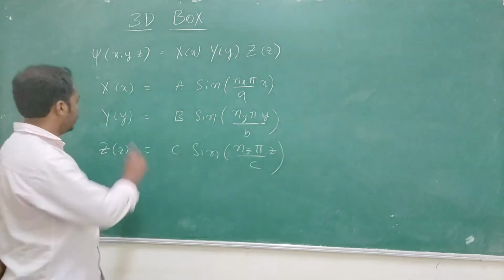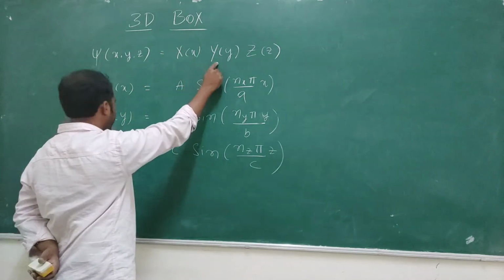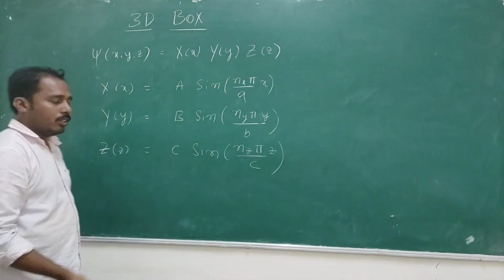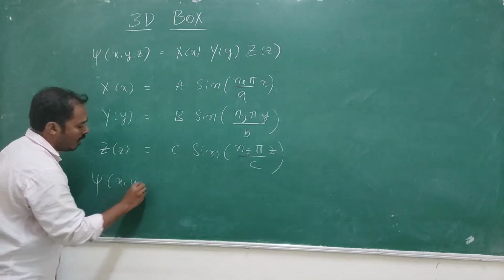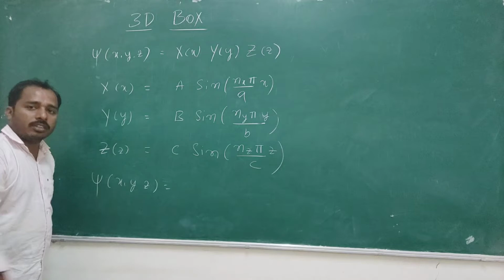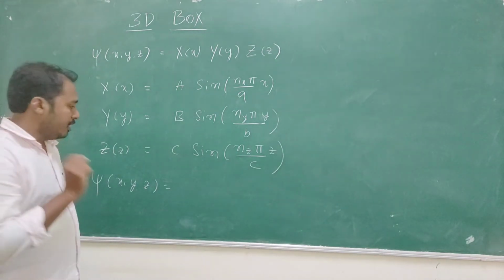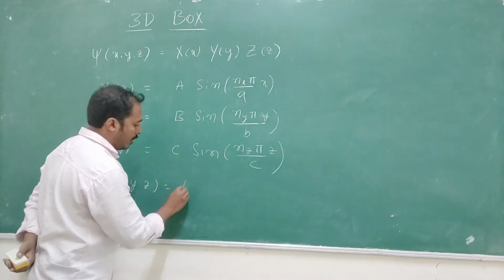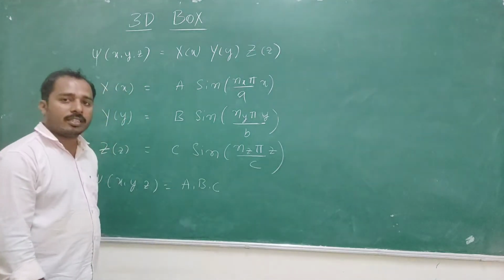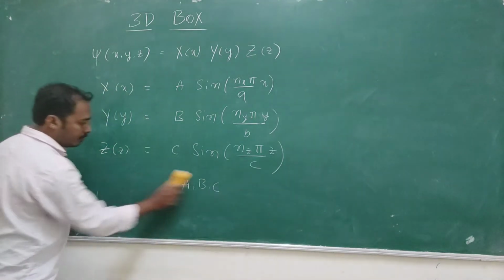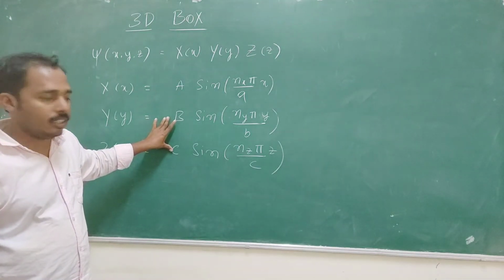So substitute X in this equation, Y in this equation, Z in this equation. The equation becomes psi of x, y, z is equal to A, B, C, this is the wave function of the particle inside the 3D box. First of all, A, B, C are the normalization constants.